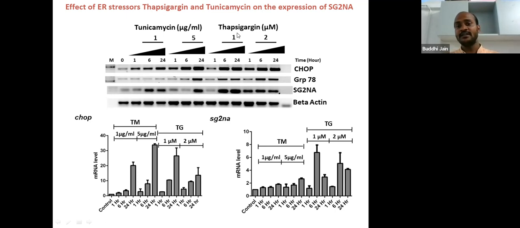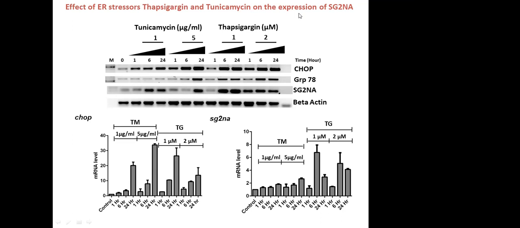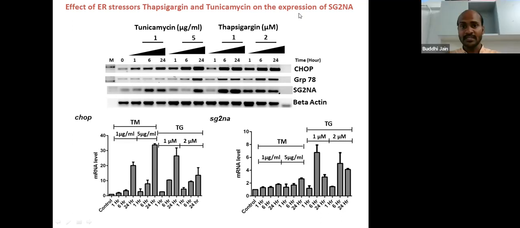That's why if we downregulate Ag2Na there is an induction of ER stress, and if we induce ER stress, the Ag2Na level goes up. So by some pathways they play some role in restoring ER homeostasis.